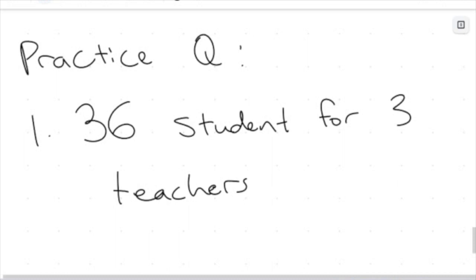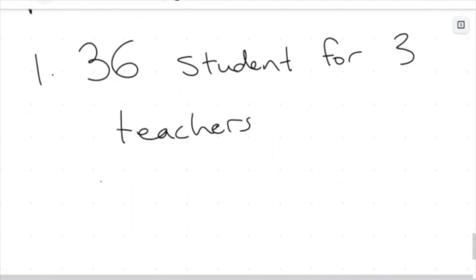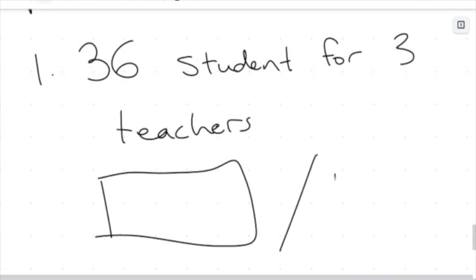I want you to find how many students we have for 1 teacher. So I want you to find this as a rate of some amount of students per 1 teacher.